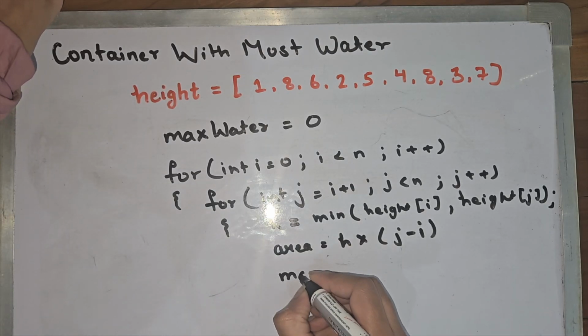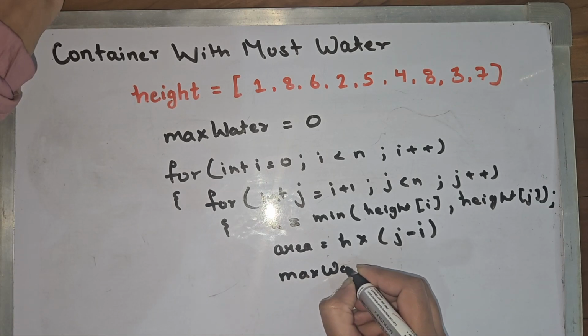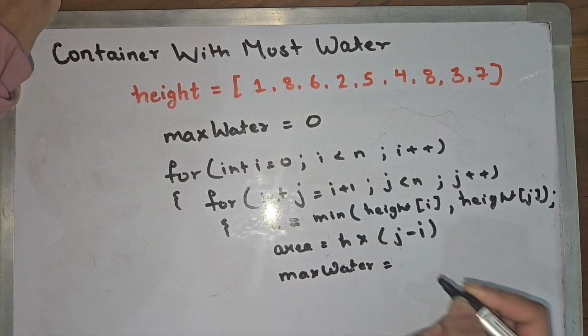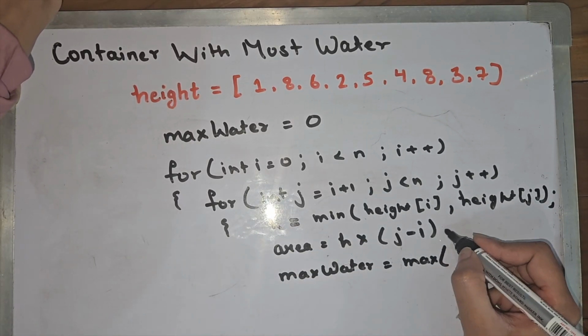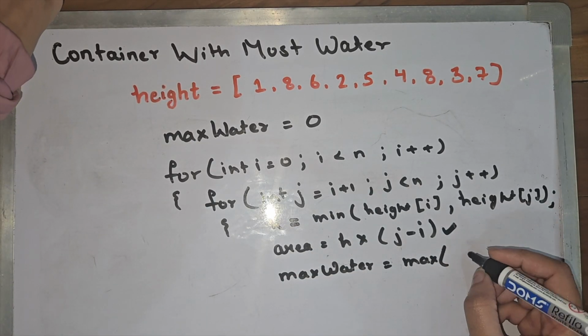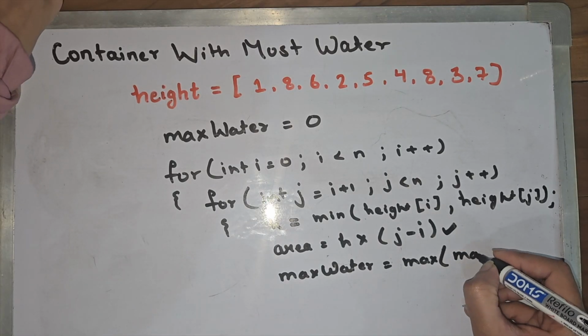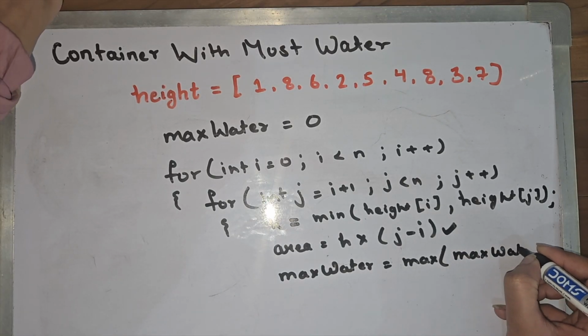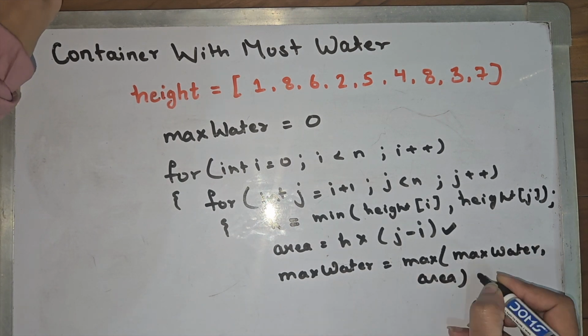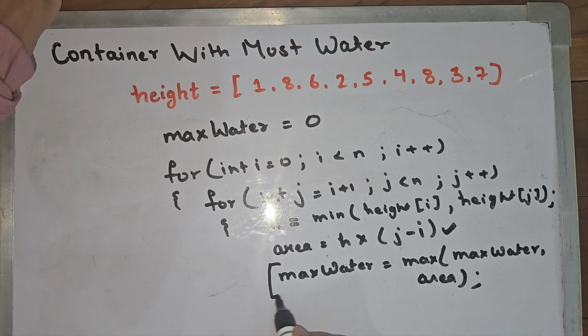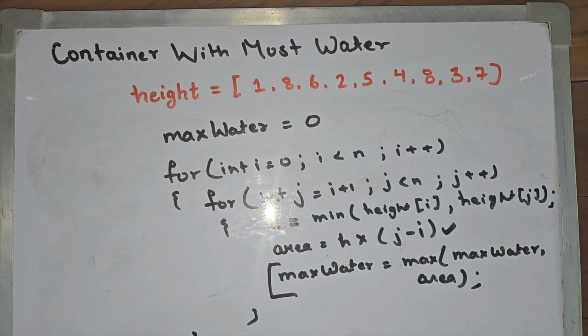So max water will be the maximum of what, the previous maximum or the newly calculated area. So whatever the maximum is will be stored in this. Now this is the brute force solution.